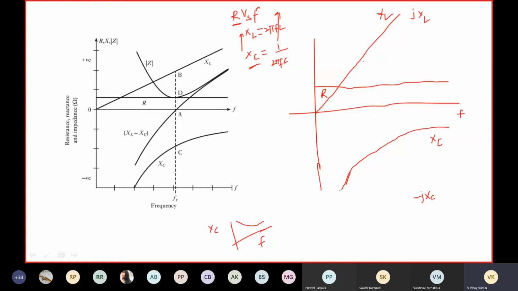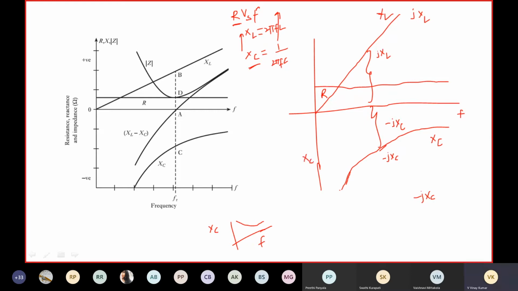If we take the impedance of the capacitor, then it is minus JXC.